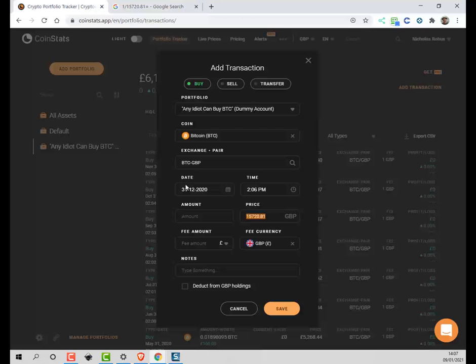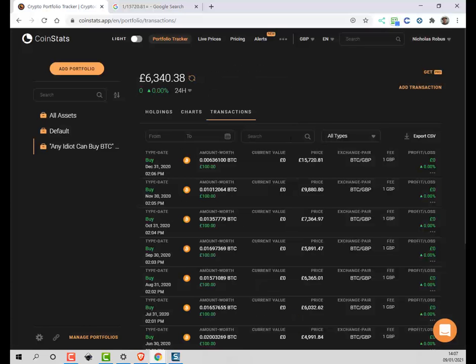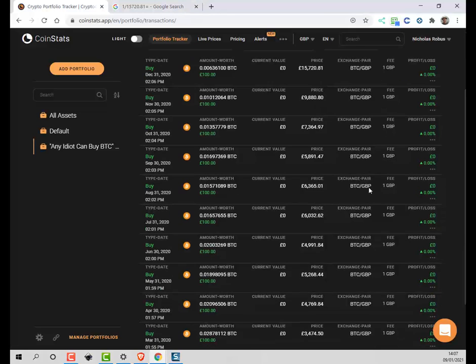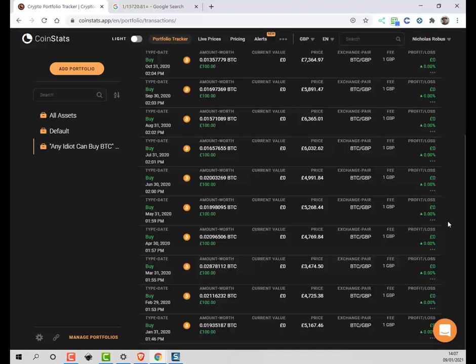Okay, so let's just add this last one in. Fee amount is £1 again, and we will save that. Okay, so this is where we're at. If we'd invested last year £100 a month into Bitcoin, and I've done all of the transactions, I've put £100 in for January, February, March, April, May, June, July, August, September, October, November and December.